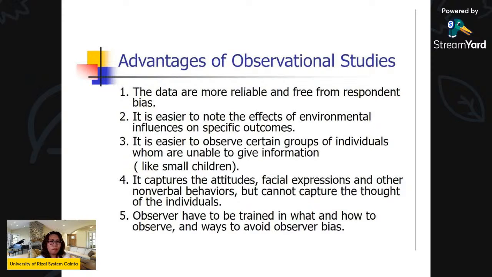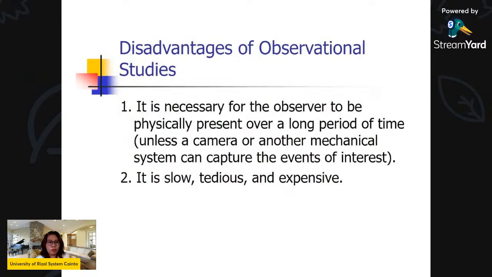Okay? So, those are the advantages ng pagiging observational studies kapag i-apply natin siya sa data collection method. Next, what about the disadvantage ng observational studies? It is necessary for the observer to be physically present, unless gagamit ng camera or mechanical system that can capture the event.